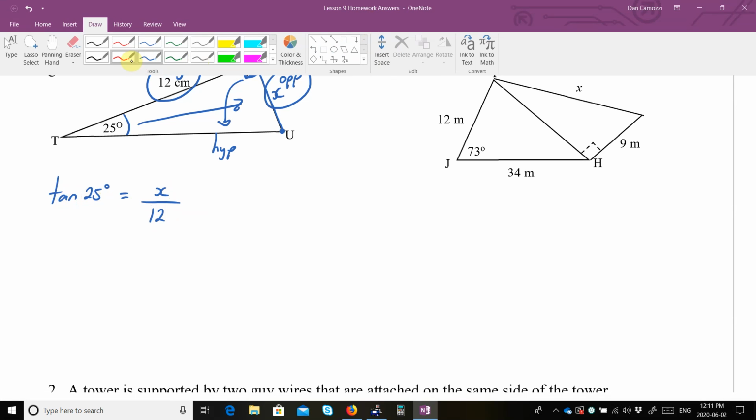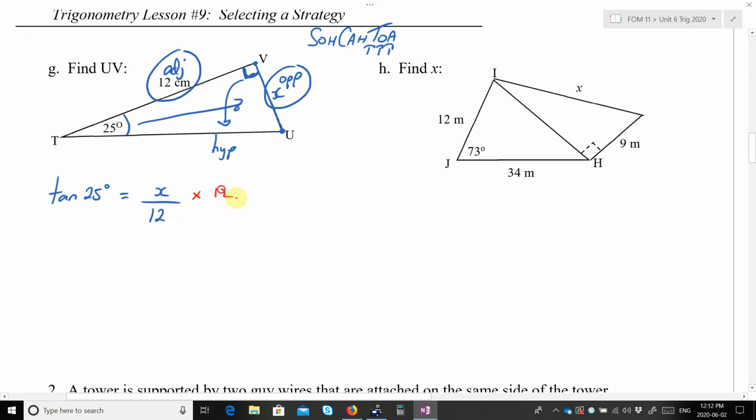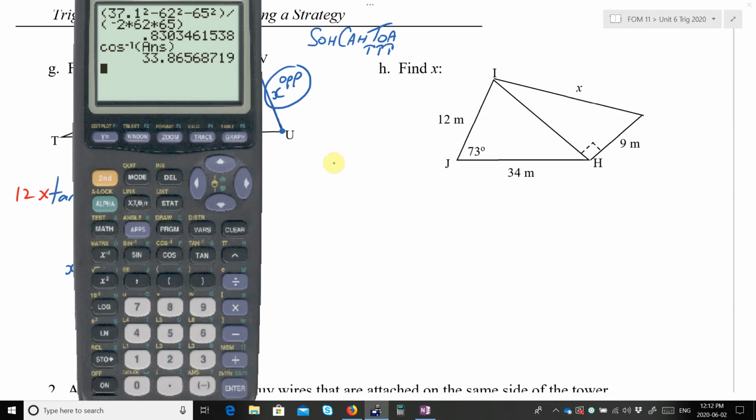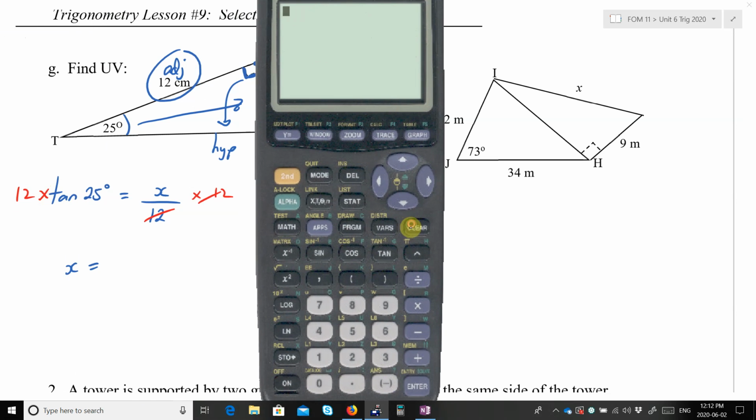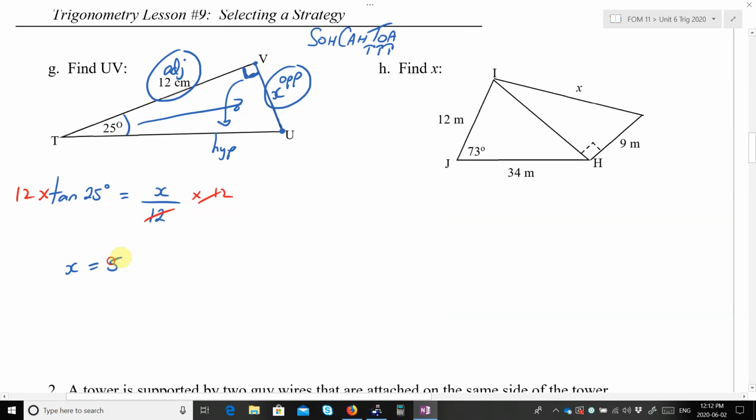To get x by itself, we just multiply both sides by 12. So x is equal to 12 times tan 25, and we get 5.6 centimeters.